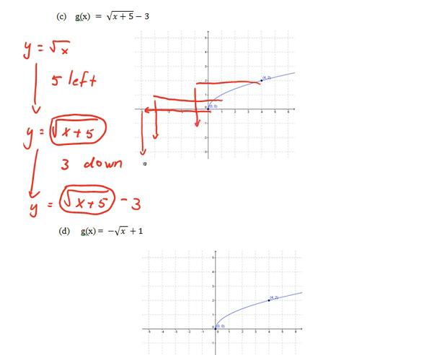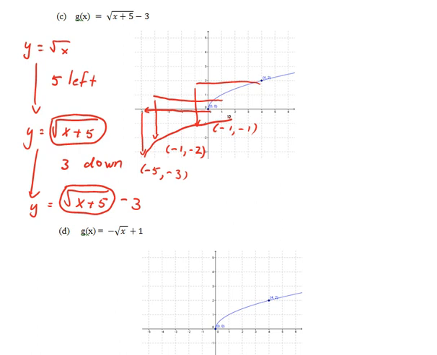That's going to give us -5, -3, -4, -2, and -1, -1. Now the graph, by connecting the points, will look something like this.